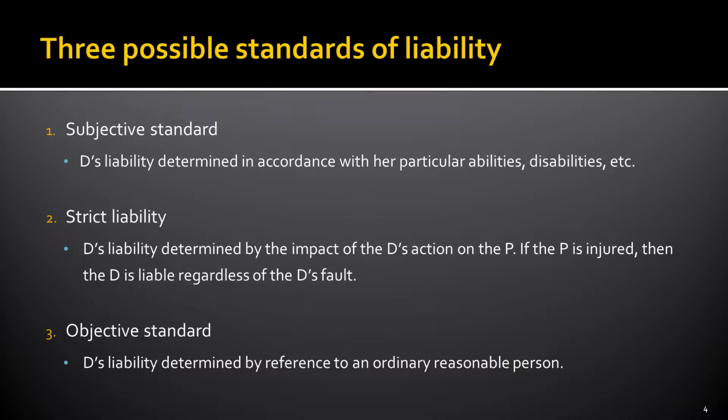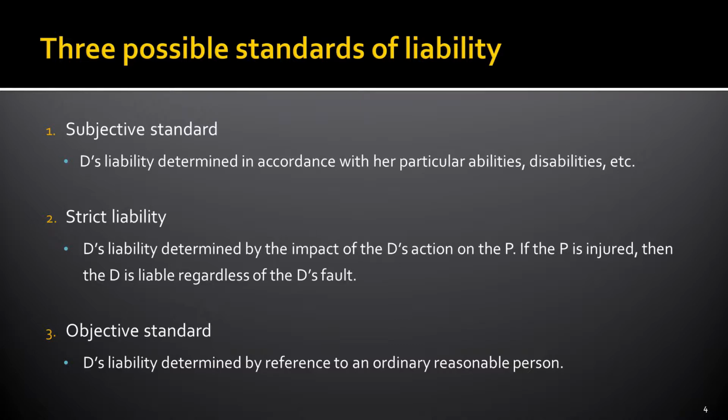If we adopt a subjective standard, then we determine the defendant's liability in accordance with that particular person. So, we would look at the particular person and we would ask questions like, was this person doing her best? Was she trying hard? Was she able to avoid injuring the plaintiff given her particularities, her peculiarities, her circumstances, and so on? The second standard is that of strict liability.